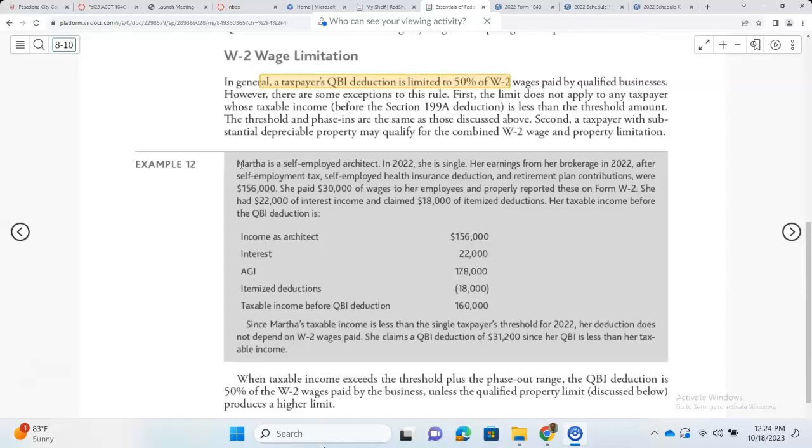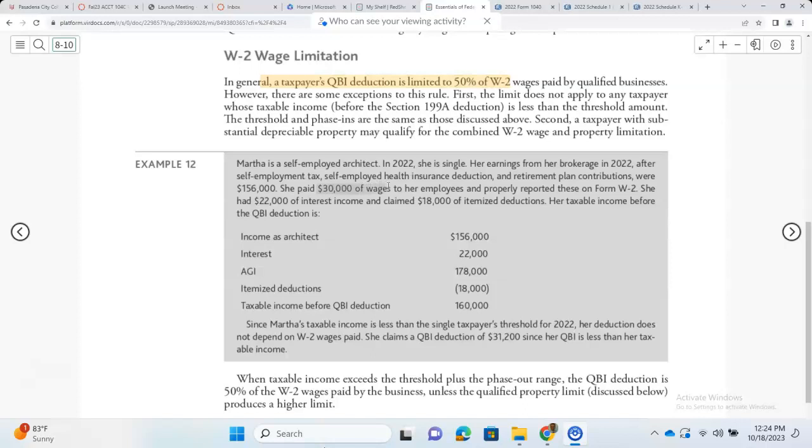Okay, Martha is a self-employed architect. In 2022, she's single. Her earnings from her business in 2022, after self-employment tax, self-employed health insurance deduction, and retirement plan contribution, were $156,000. She paid $30,000 of wages to her employees and properly reported these on Form W-2. So how much wage did she pay?